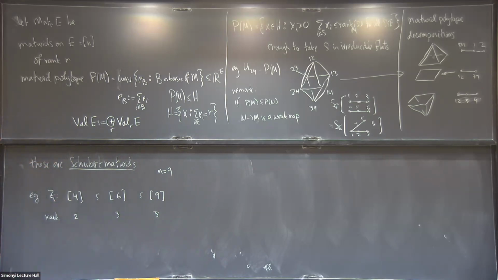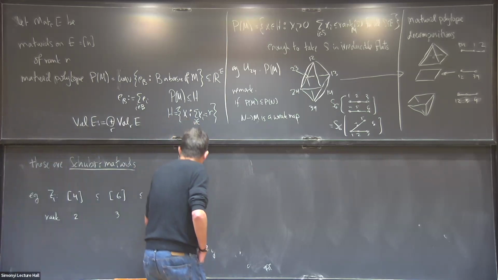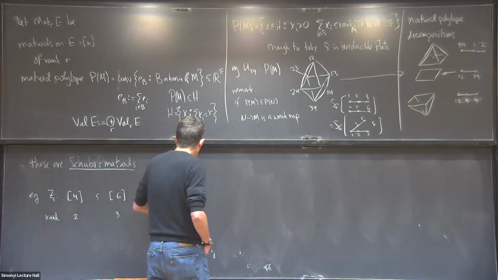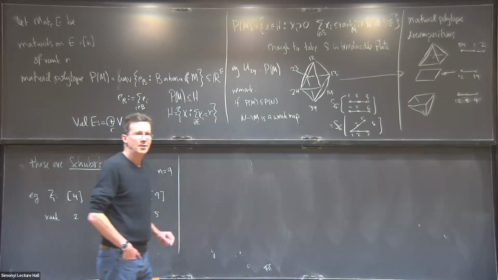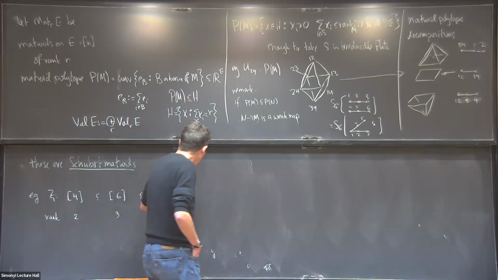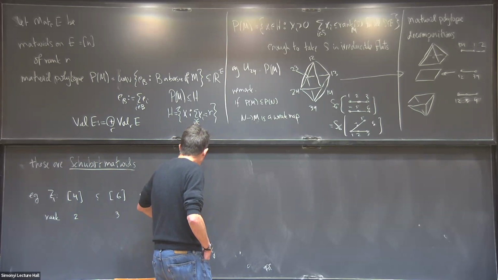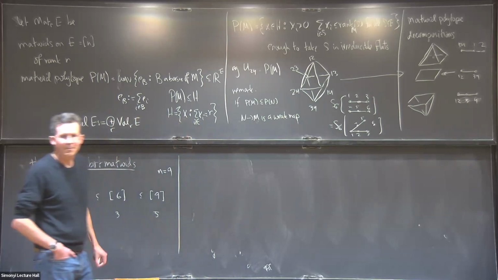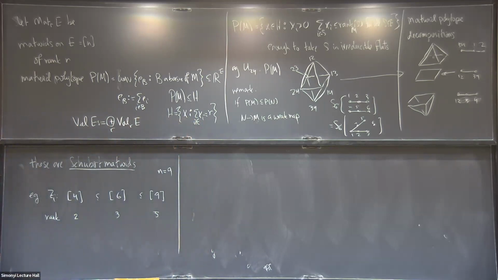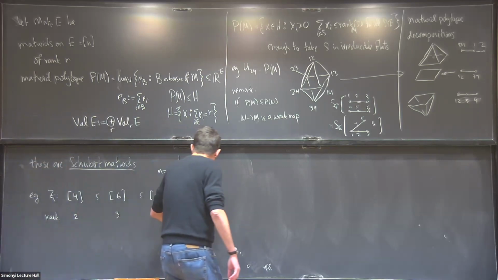So let's make the unique matroid whose cyclic flats are of size 4, 6, and 9 of ranks 2, 3, and 5 when n equals 9. And to tell you how to do that, the nicest way to draw a picture is to say the Schubert matroids are equivalent to lattice path matroids of a certain form.